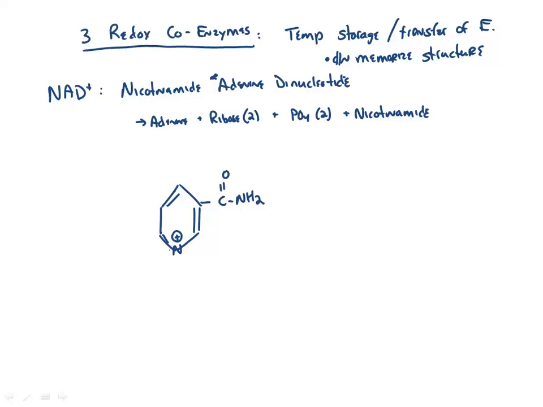And then what it really is attached to is a ribose, and then the ribose is attached to a PO4, is attached to a PO4, is attached to another ribose, and that's attached to my adenine. And so we don't care about those parts.